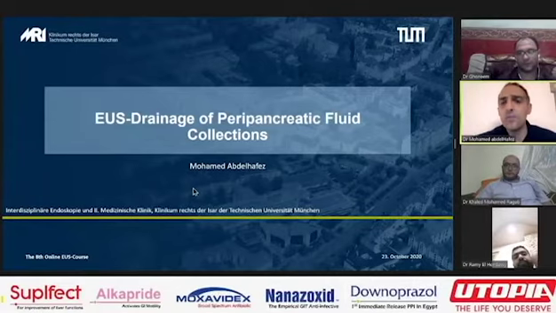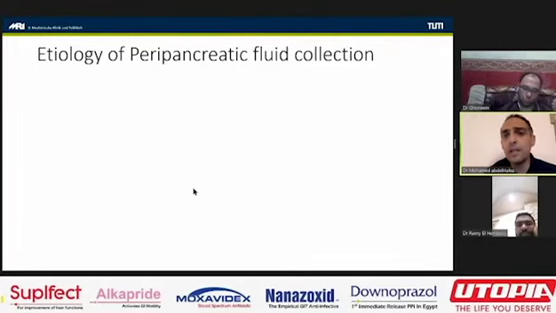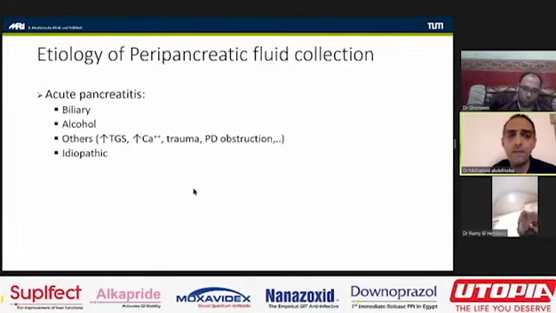Like any subject, any technique, the first thing we have to know is to understand the etiology, the mechanism of the lesion, why we have this problem, in order to have a better plan for how to manage it. The most common cause of peripancreatic fluid collection is acute pancreatitis, which is a huge subject.